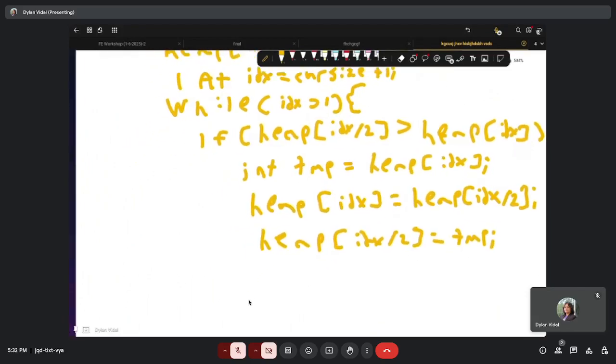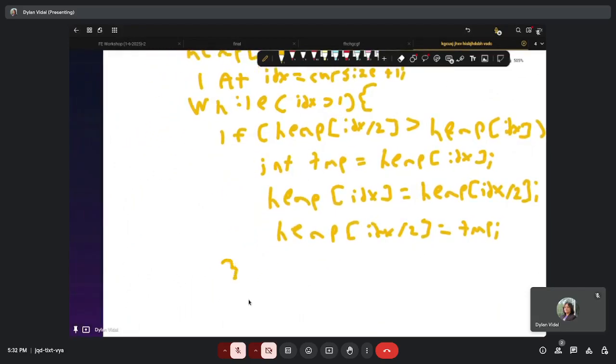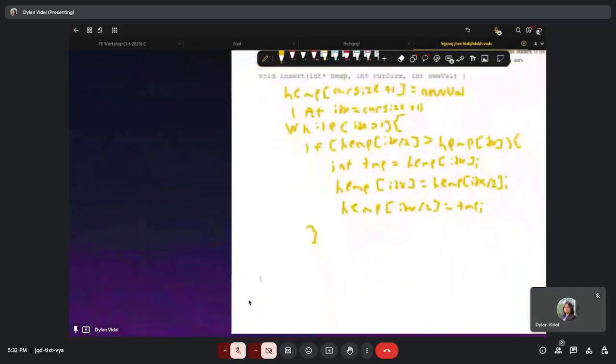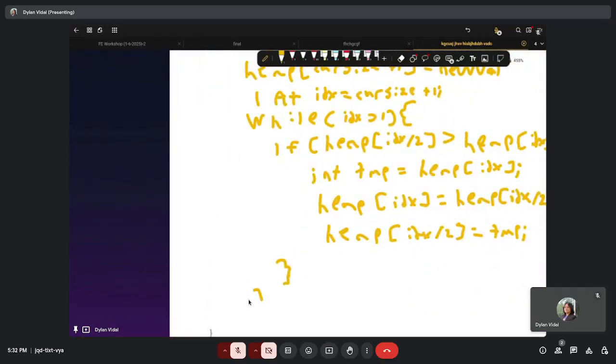And that should be it. There's also a return statement we have to do. Oh, never mind, we don't have to do a return statement at the end.